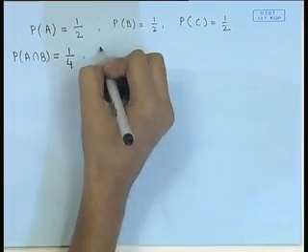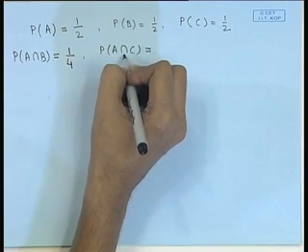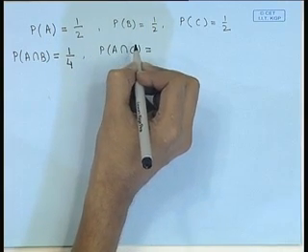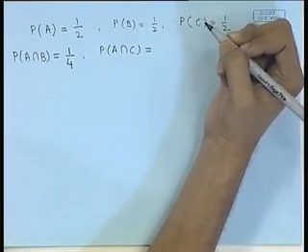If we look at probability of A intersection C, then we are saying that the first number is odd and the sum is odd. It is possible 1 2, 1 4, 1 6, 3 2, 3 4, 3 6, 5 2, 5 4 and 5 6.